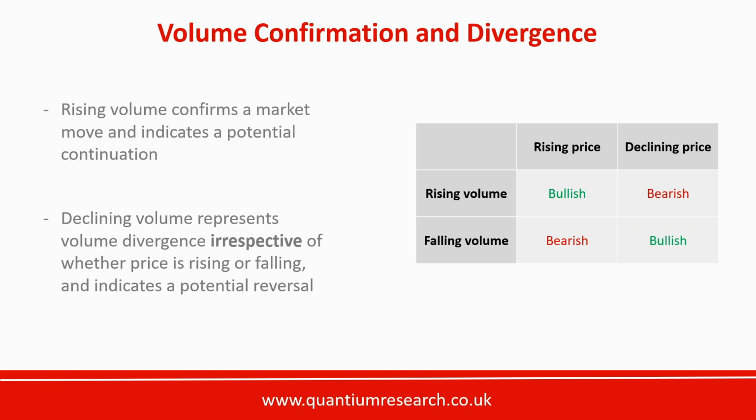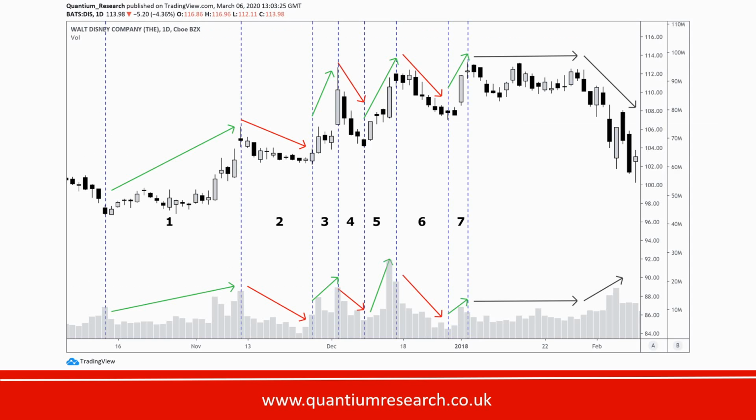We've also got to note that rising and falling volume isn't required for a trend to form. You can get trending price action on flat volume, but more often than not, you'll see volume confirming price action through most of the trend, and it will start to show weakness towards the end. Here's a good example of volume confirming a trend. We've got an uptrend taking up most of the chart, and this is the chart of Walt Disney, the company.